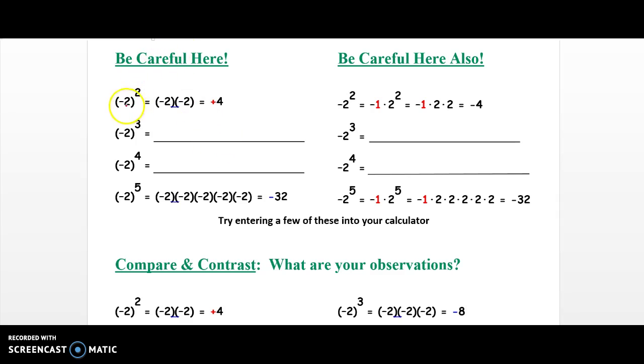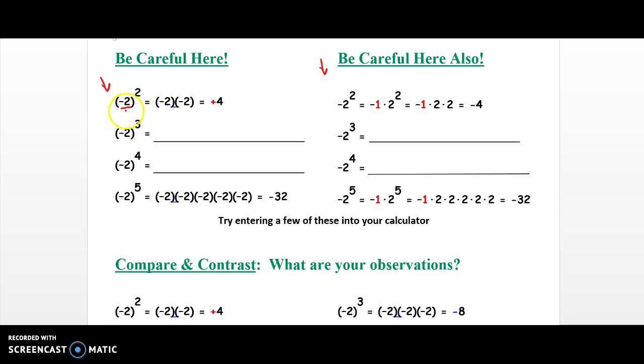Okay, so we need to be careful here, because these are actually telling us 2 different things. I wanted to go over this so that you kind of have an understanding of what's going on. If you've got parentheses wrapped around the -2 here, raised to the 2nd power, -2 is your base.